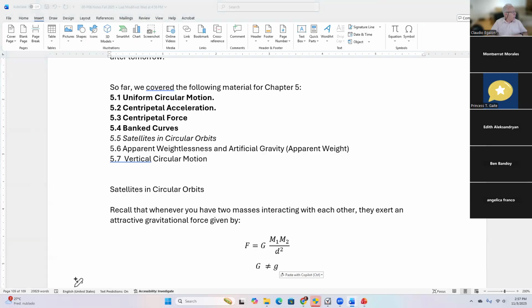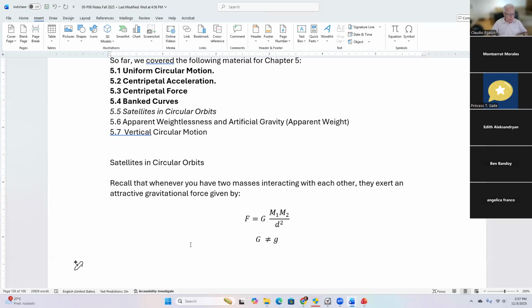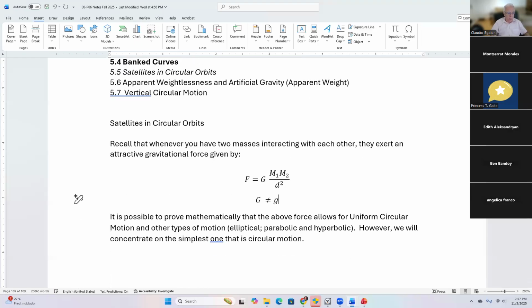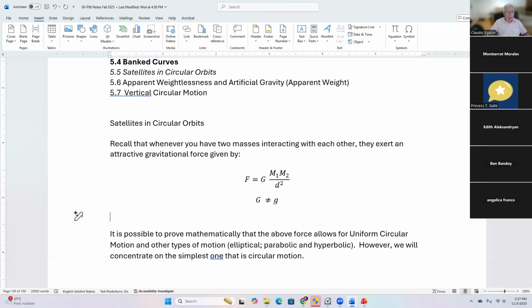It's possible to prove that this type of force allows for 4 types of motion. One of them is the uniform circular motion. Okay?